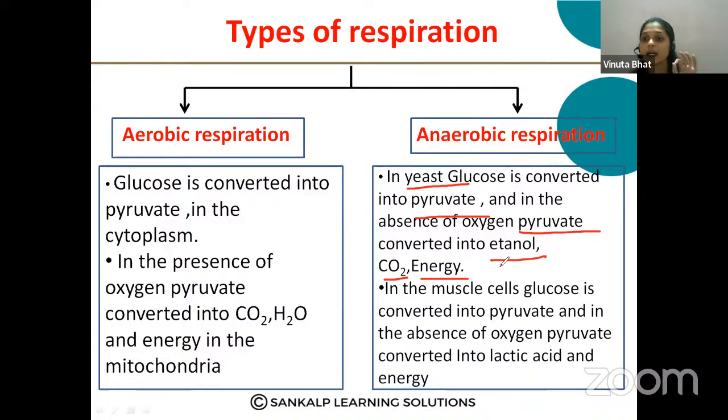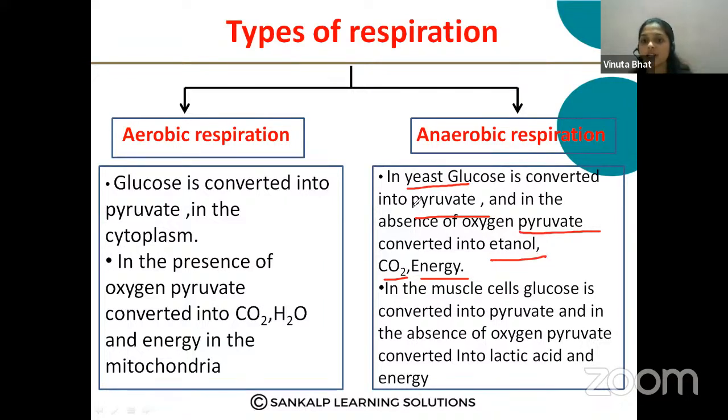Listen here, in the yeast anaerobic respiration takes place without oxygen, pyruvate is converted into ethanol, that is the alcohol, and carbon dioxide and energy are released. So this process is called fermentation.